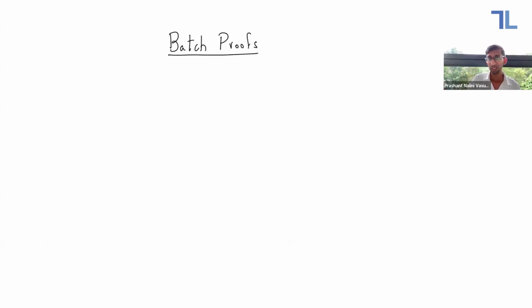A batch proof is a kind of interactive proof. I'm going to define it throughout this talk and in the paper for NP languages. So it's an interactive proof for some NP language L, and it's a batch proof if it satisfies all of these conditions. The setup is that it takes many instances as input, both the prover and the verifier.